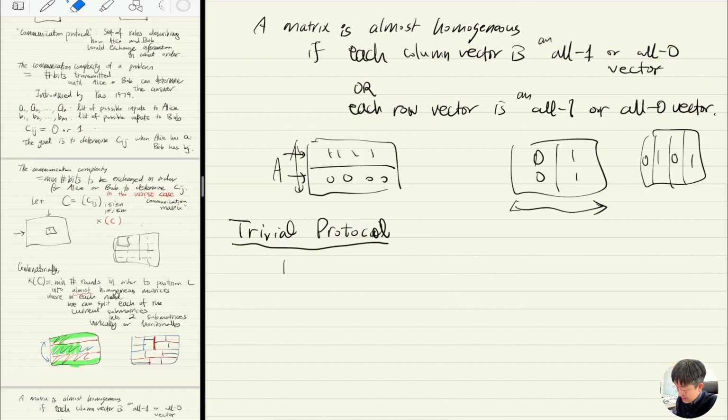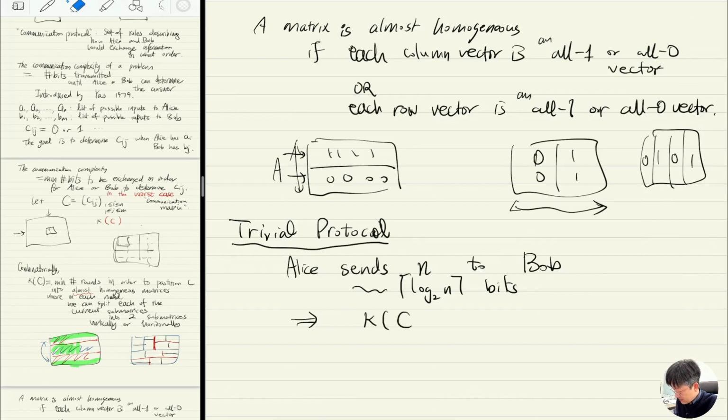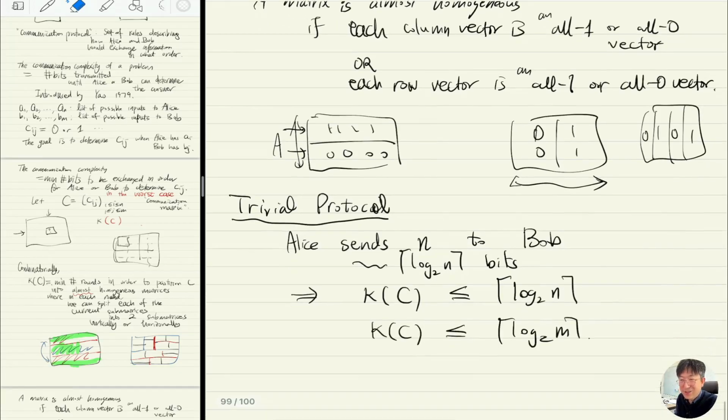So Alice sends n to Bob, and this requires log n bits. Then Bob will immediately know the answer. So this means that kappa of C is always at most log n. Of course, it's also at most log m. This is the trivial upper bound.